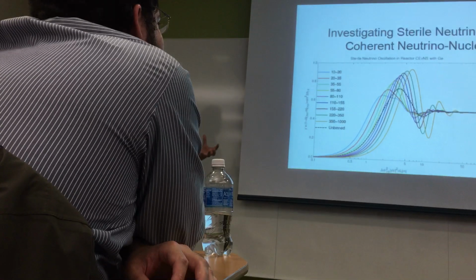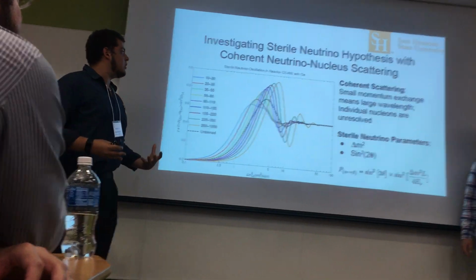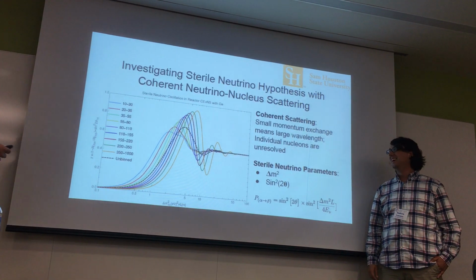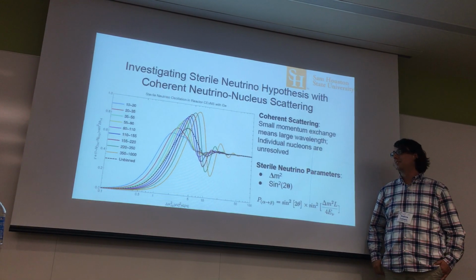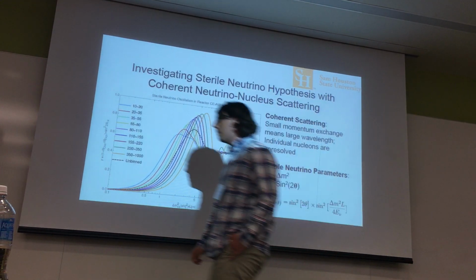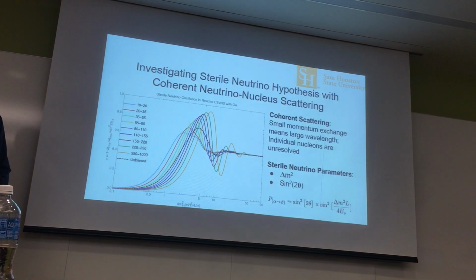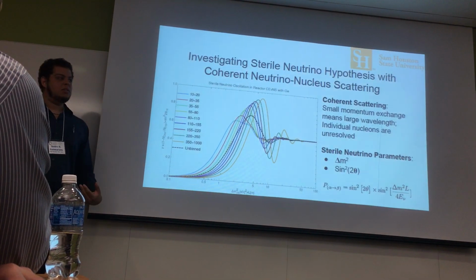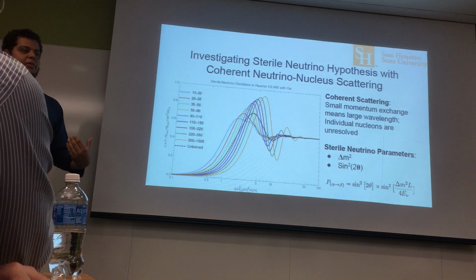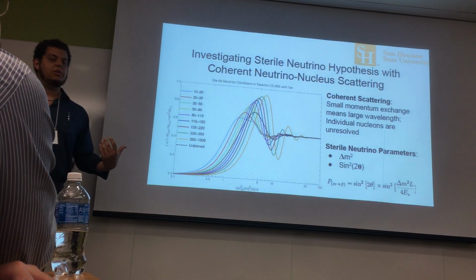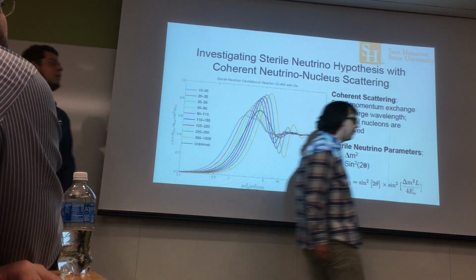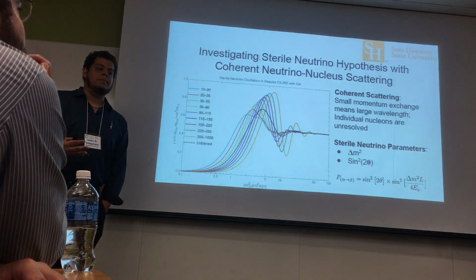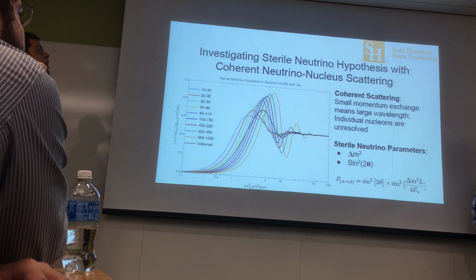Those are the two main ideas that we're going to be marrying together in the project. As has already been explained, coherent neutrino-nucleus scattering just means that the momentum exchange is small enough such that the de Broglie wavelength is larger than the scale of the nuclear atom, and the different nucleons cannot be resolved.